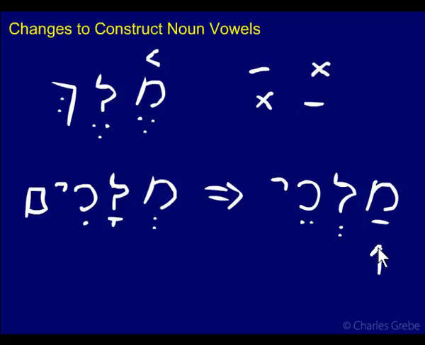Now what you'll have here is a short vowel, but you don't know which one. The reason is that there are actually different types of segolates, and in their base form they've all amalgamated into one basic form.